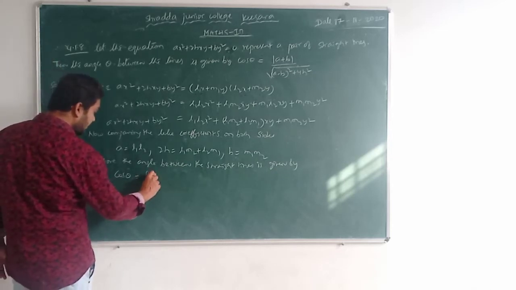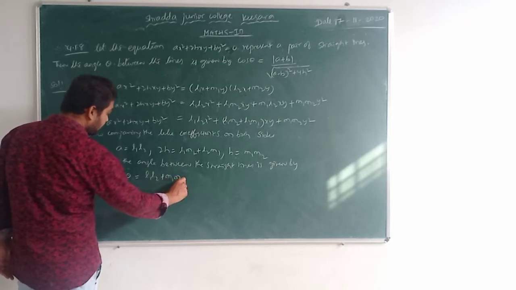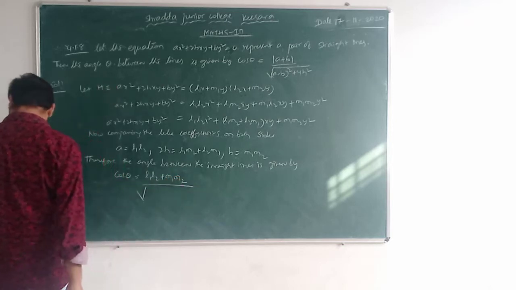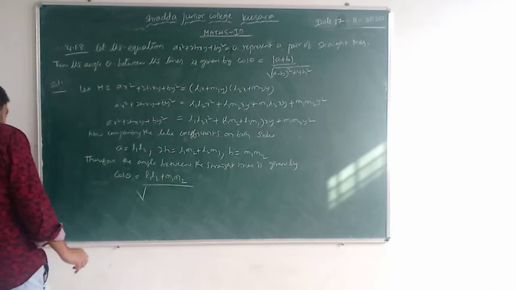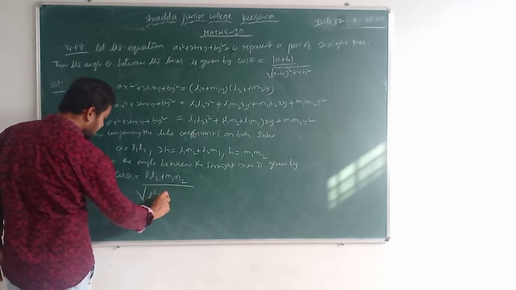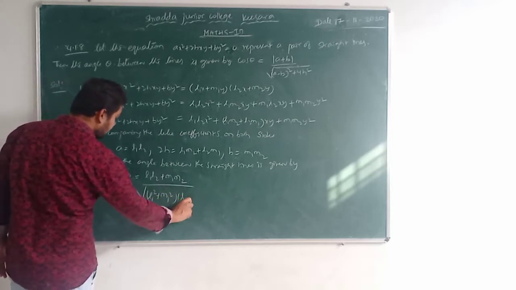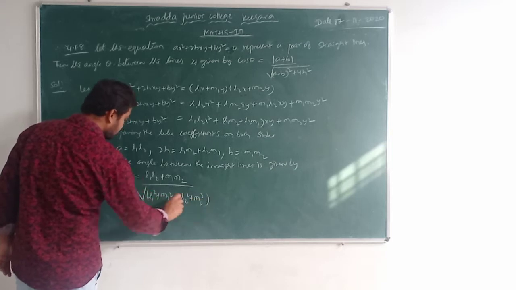That is L1 L2 plus m1 m2 by square root of L1 square plus m1 square into L2 square plus m2 square.